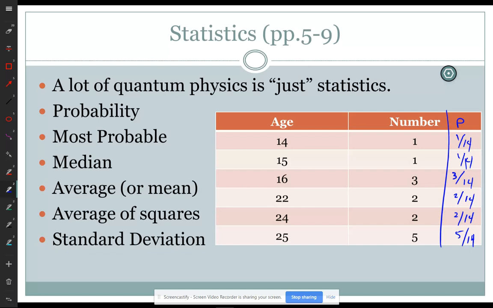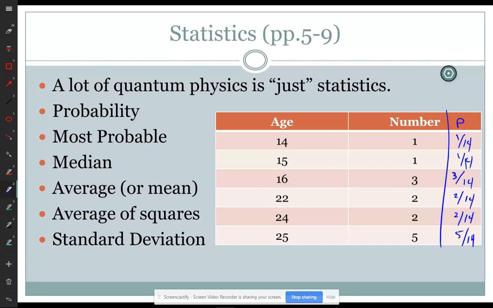So the textbook says 23, because at 23, half the people are older, half the people are younger. If it comes between values, you just choose the value halfway between. So the median here would be 23. So the most probable is 25, the median 23. How many people are going to be 23? 0, right? So just because it's the median doesn't mean it exists.